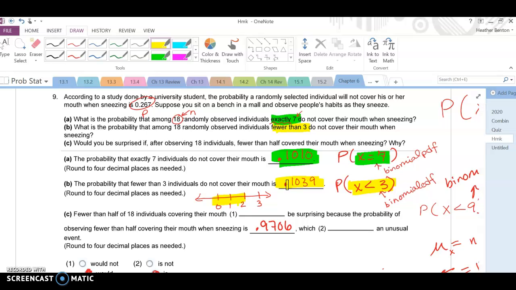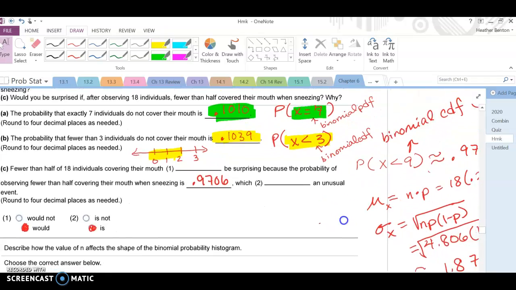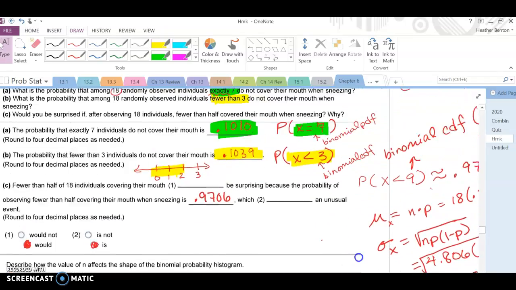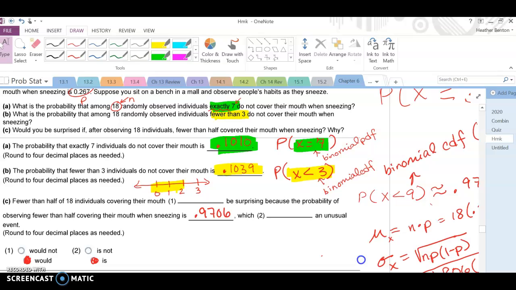All right, then the next piece is a little bit backwards because they say, part C here, would you be surprised if after observing 18 individuals, fewer than half, so fewer than half would be the probability of less than 9, covered their mouth when sneezing, and why?